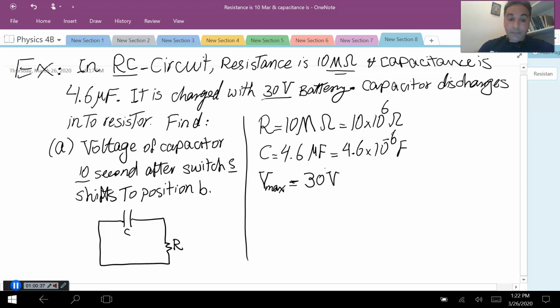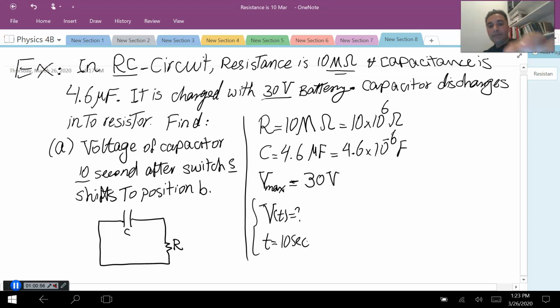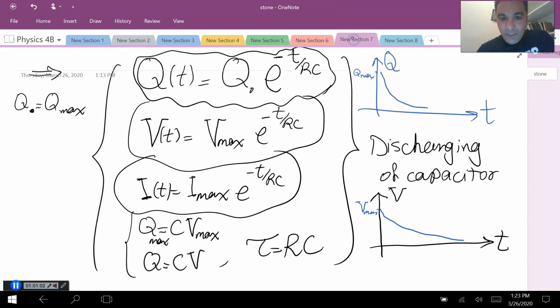Find the voltage of the capacitor 10 seconds after discharging. So find the voltage of the capacitor at t equal 10 seconds. Make sense? They want me to find voltage. So what is the equation of discharging of a capacitor for voltage?